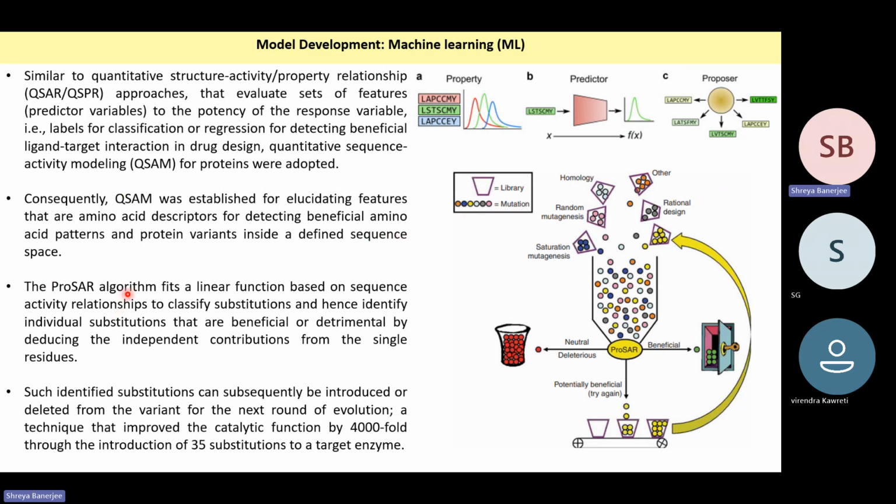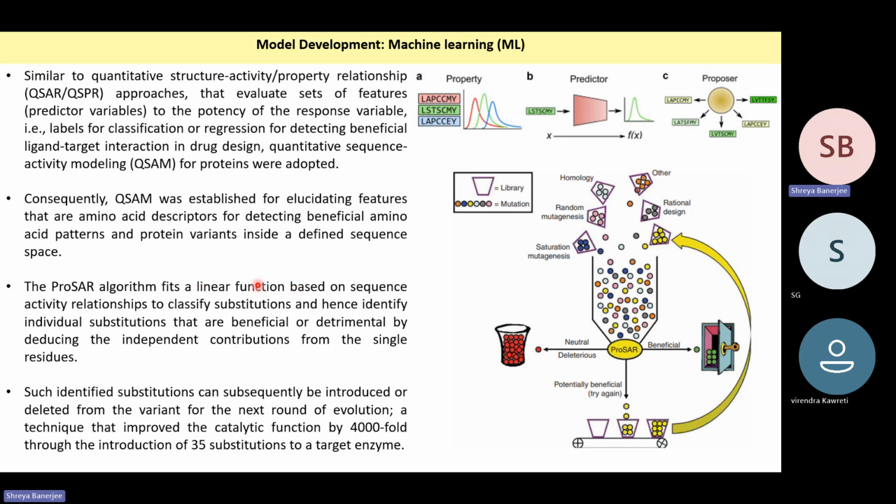So the algorithm basically fits a linear function based on sequence activity relationship to classify substitutions. Instead of randomly doing mutations, the algorithm will predict which mutations will result in a beneficial mutated protein and which will result in a detrimental mutated protein. So all mutations don't need to be checked.